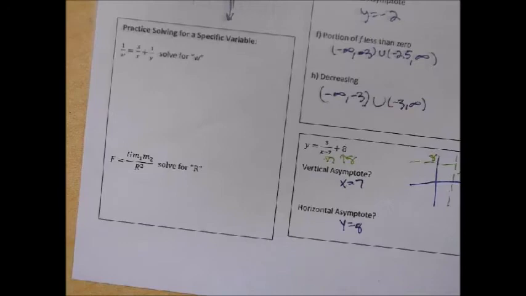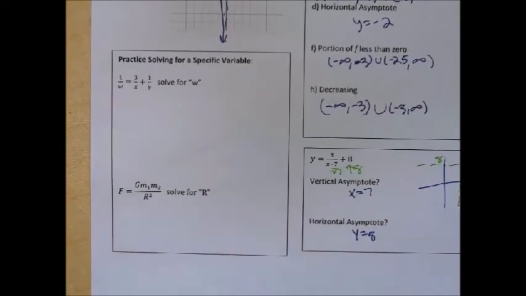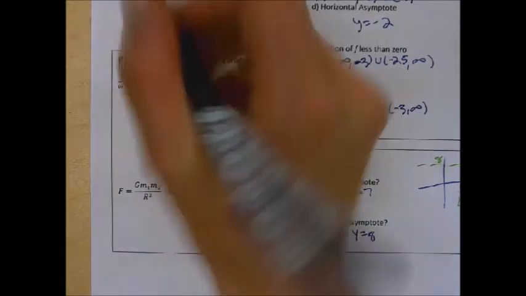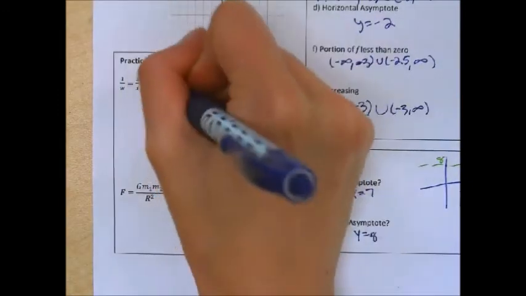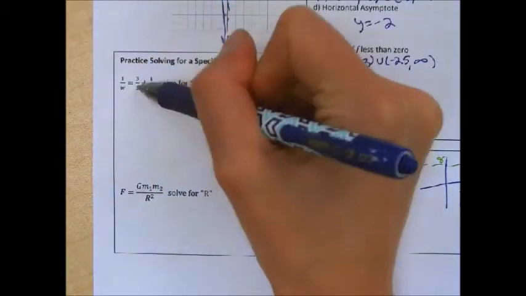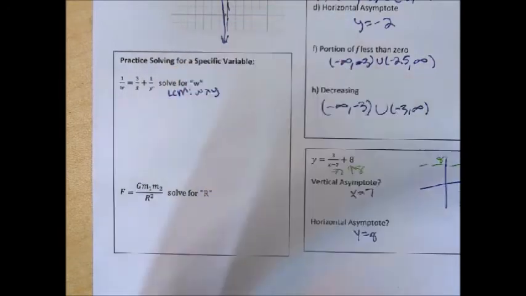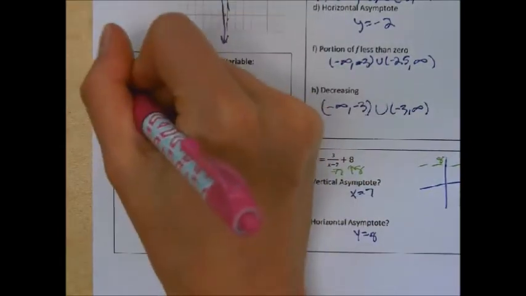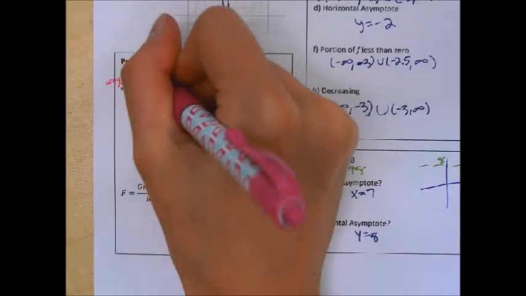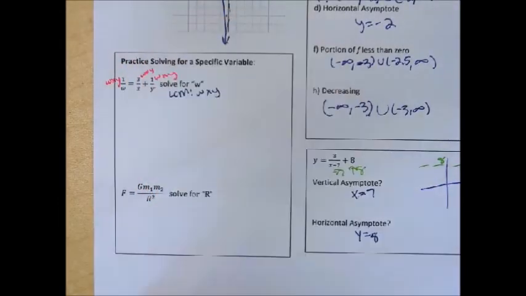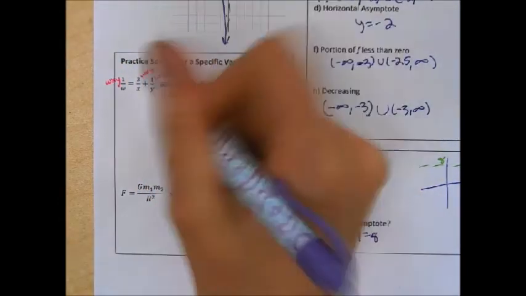Go ahead and practice solving for a specific variable. Now when we do this, we're going to multiply by the LCM. So what's the LCM? I need a W, X, and Y. So W, X, Y. So we're going to multiply all three by W, X, Y. Here, W's cross out.